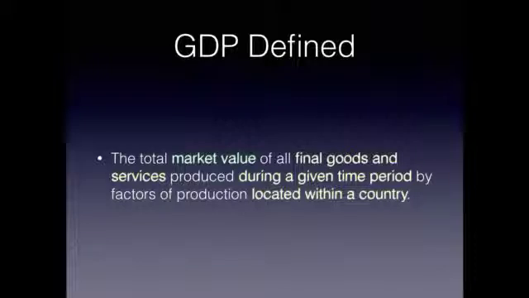If you have a steel company producing steel, sells it to a car manufacturer, and they use that steel to manufacture an automobile, then you cannot count the intermediate product because it is being included in GDP when that car is sold. So make sure you realize why the definition includes final goods and services. We want to exclude those intermediate goods and services that are produced and only count the final ones in order to avoid this double counting issue.